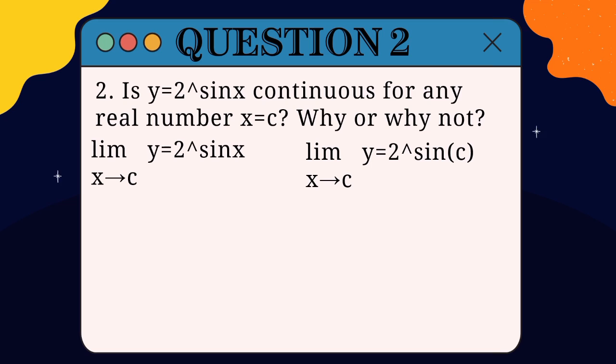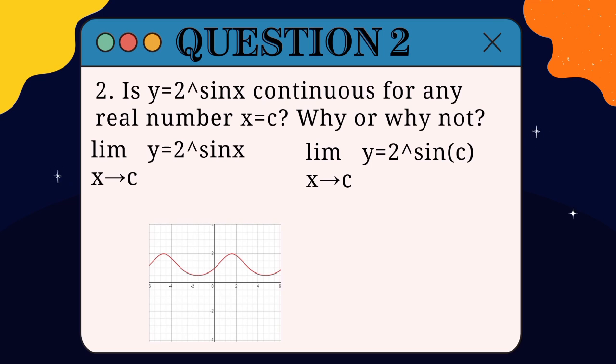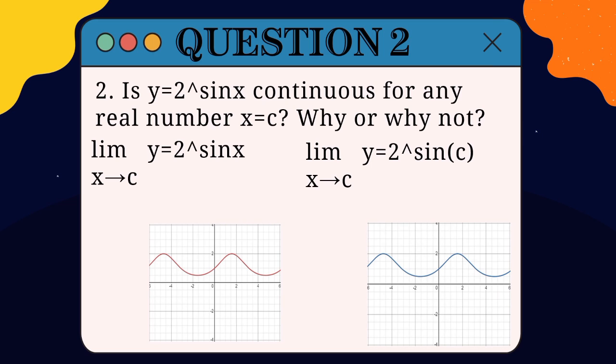Since it's constant, no matter what constant or letter you change on it, the value will always be the same. Just like the graph below, even though the constant was different, the graph structure was the same. For example, we evaluate the limit as x approaches 1. When you graph it, it will be the same since the values of x and c were the same.